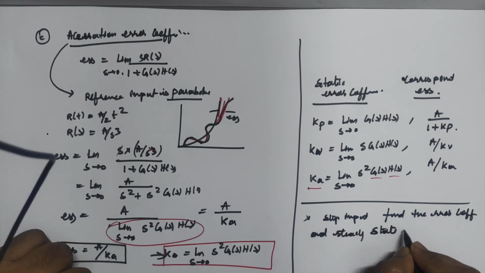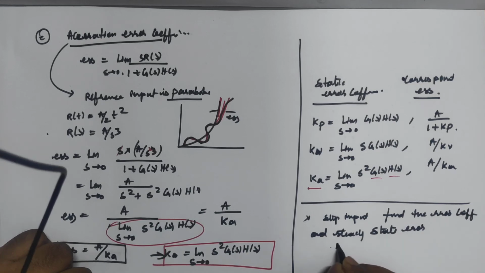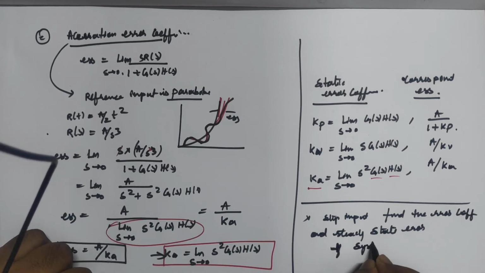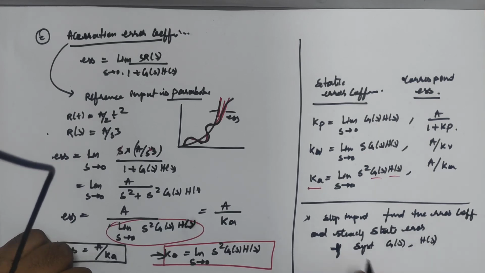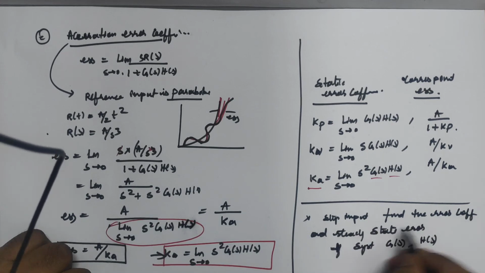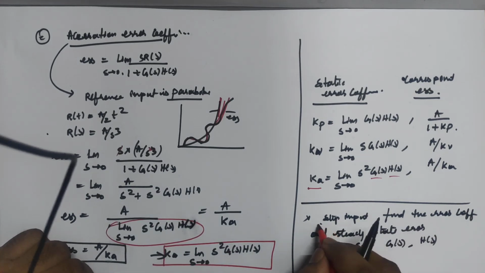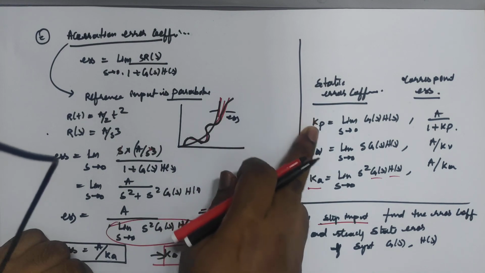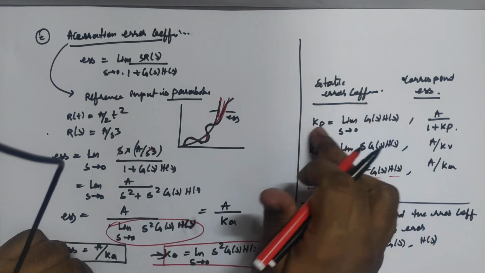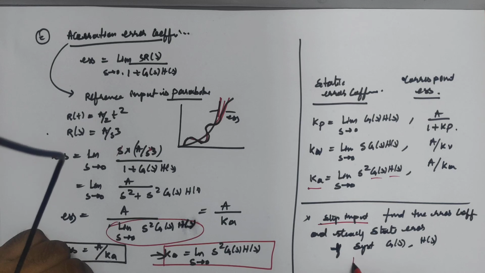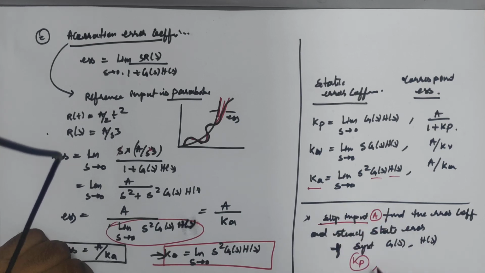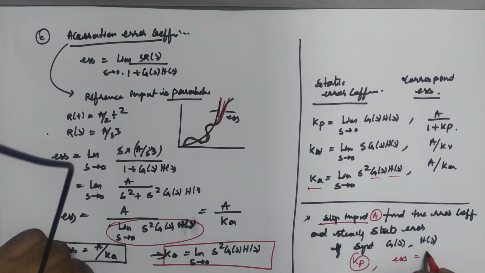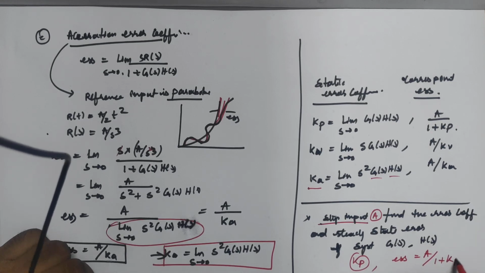My question is the steady state error for a system G(s) and feedback H(s). For a step input, directly in your mind you will get the position error coefficient: Kp equals limit of G(s)H(s), and you will find its value. After getting Kp, for a step input with magnitude A, the steady state error is A by 1 plus Kp.